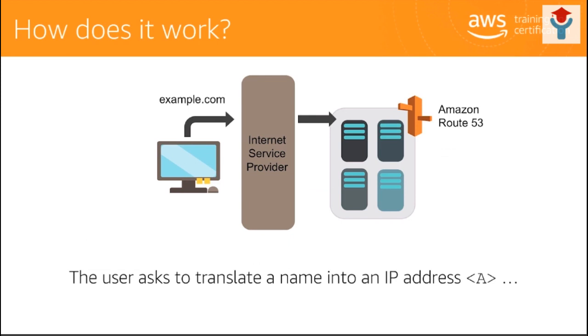So how does it work? Suppose that a user opens a web browser and enters a domain name for a website like example.com. That query is typically routed to that user's internet service provider's DNS. If that website's DNS is handled by Amazon Route 53, then the user's internet service provider's DNS forwards the request to Route 53, reaching the servers hosted and managed by Route 53 for you.